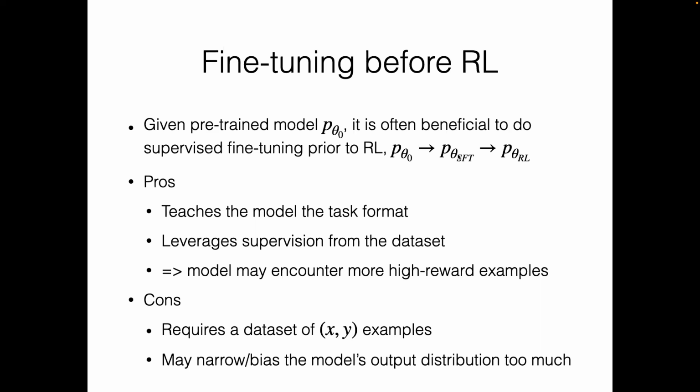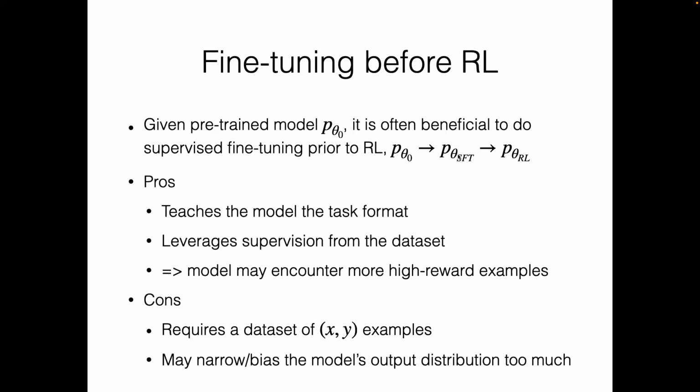Okay, so if you remember in the prompting lecture, there was this interesting experiment where the authors found that just giving the model inputs and telling it about the task format was actually better than giving it inputs and outputs for these math problems. And I think one reason is that a solution to the math problem written by a human wasn't necessarily the optimal solution for the model to write.